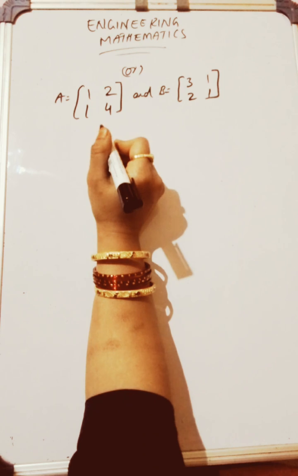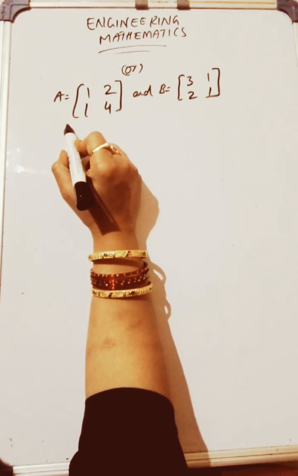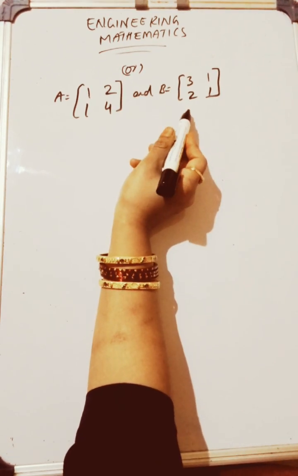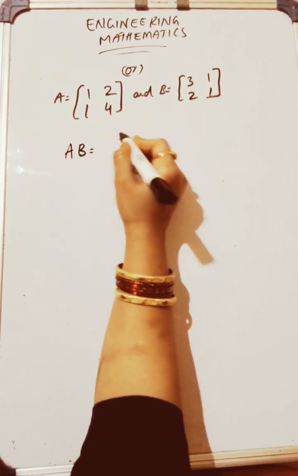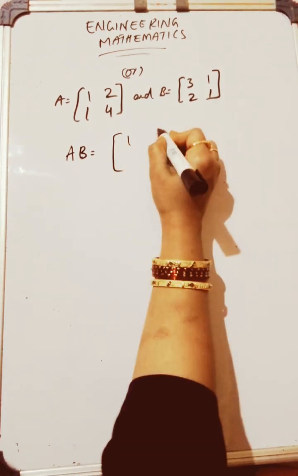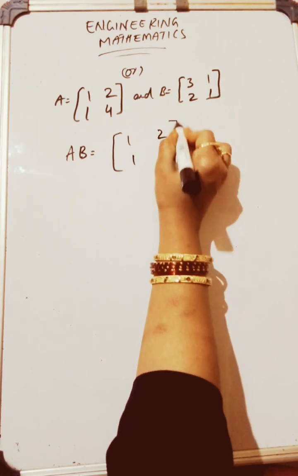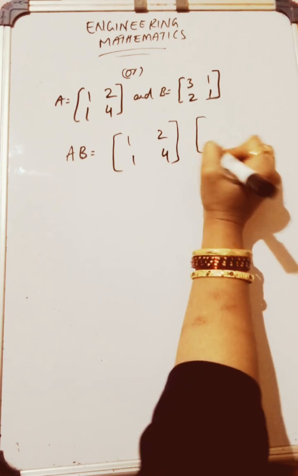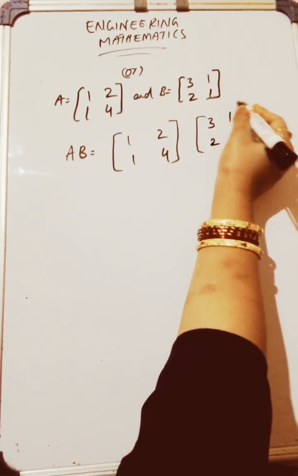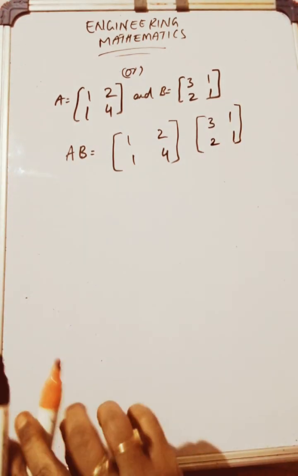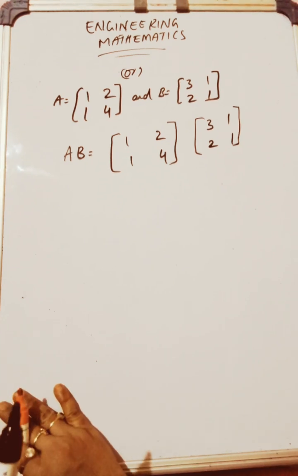Here what will we get? A is equal to this matrix, B is equal to 3, 1, 2, 1. Now AB. Two matrices multiplication: 1, 2, 1, 4 into B, 3, 1, 2, 1. Okay, how will we multiply?